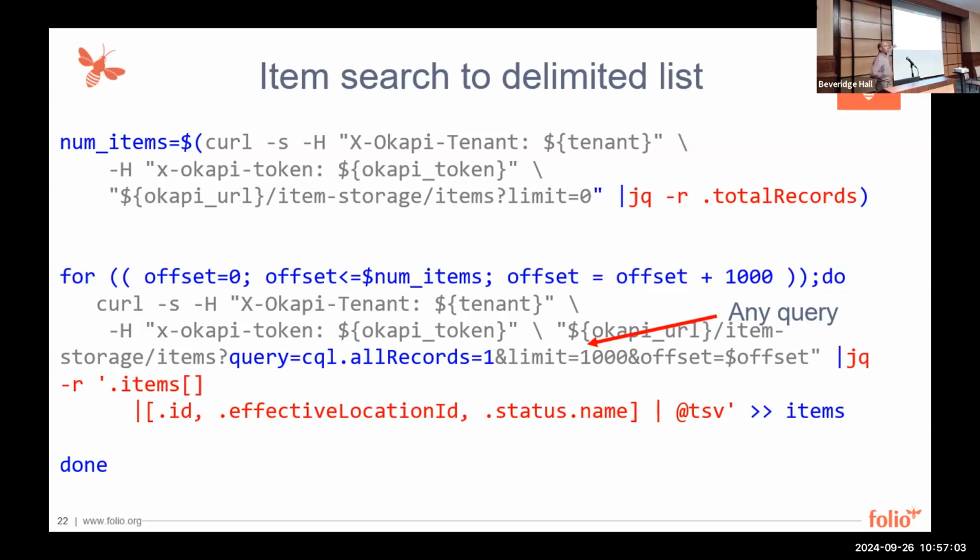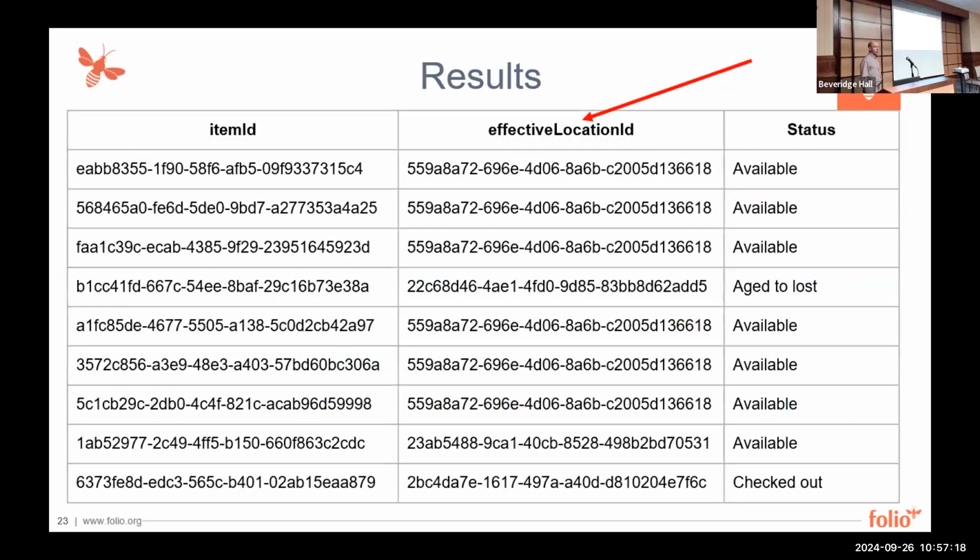When you do any kind of CQL query, it's going to come with an array for that type. So we grab all the items in the array, and then grab those things out. Then we'll wind up with something like that. I guess I was focused on the location at the time because that's what we're going to map. And the status actually appears as text in the storage record.